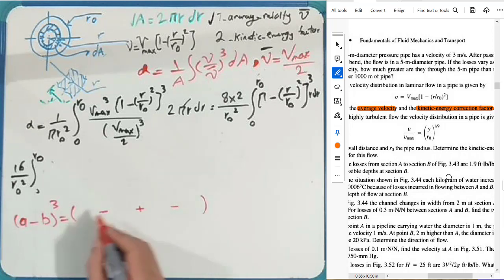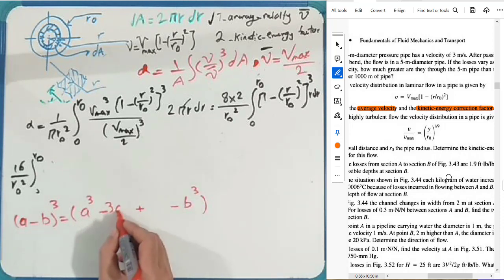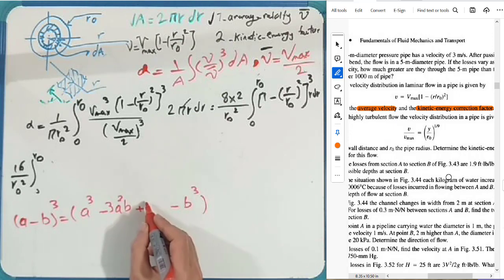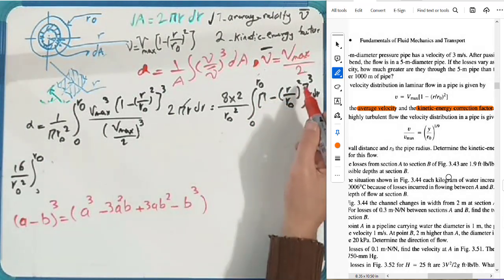Okay, 1 2 3 4: first is a³, last b³, 3a²b, 3ab². Okay, I will use it to write this one because it had power of 3.